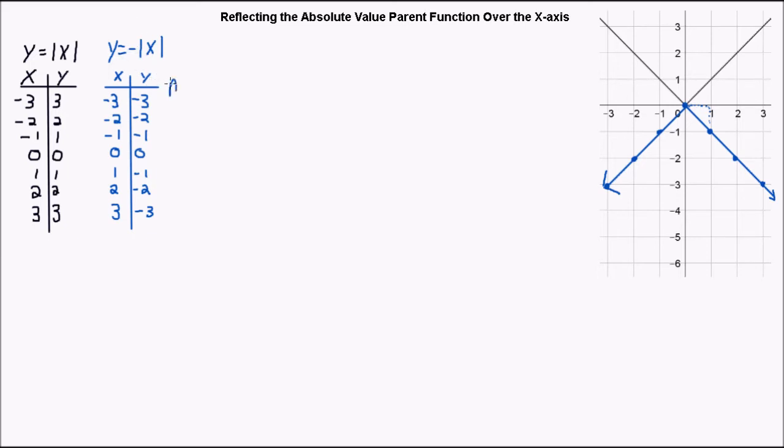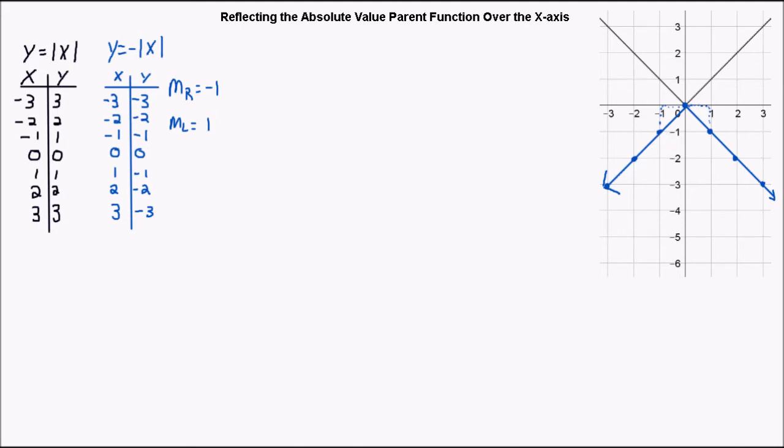So I'm going to write the slope of the right-hand branch is negative 1, and the slope of the left-hand branch, you'll see, is positive 1. And if you want to see more examples of that, go watch the video on stretching and compressing absolute value functions, and that'll cover that.